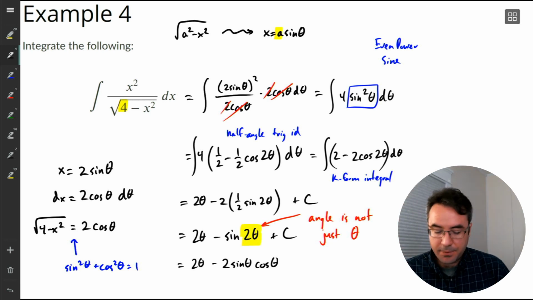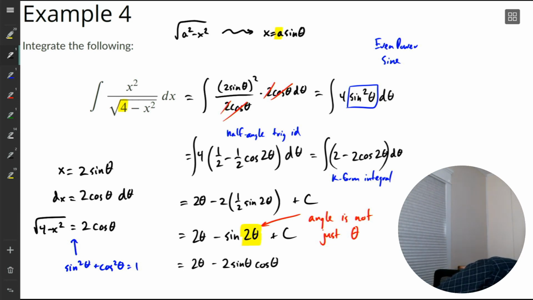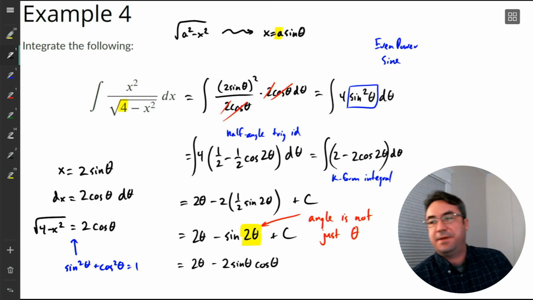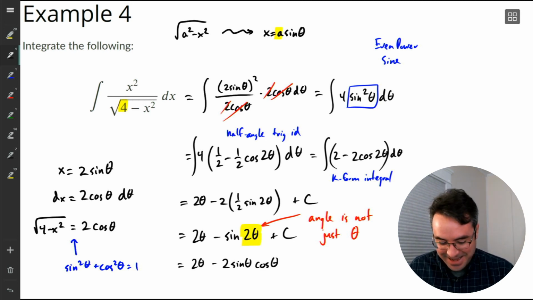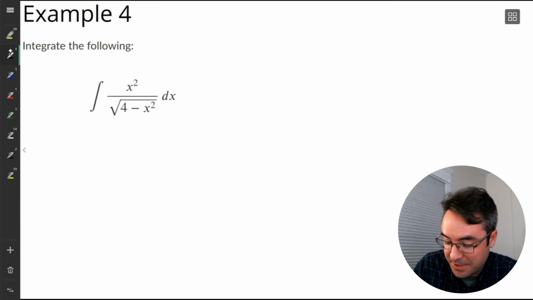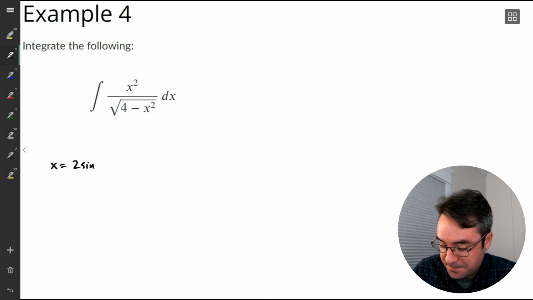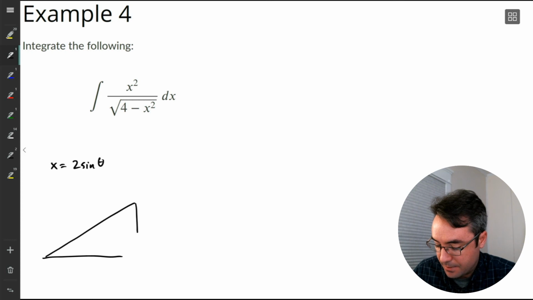All right. So how are we going to be able to do this? Well, we're going to set up our right triangle. Let's see how it is. So what was our original substitution? x equal to 2 times sine theta. We're going to do our right triangle here.